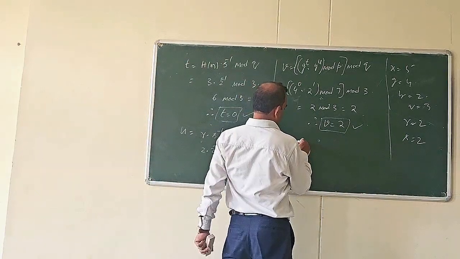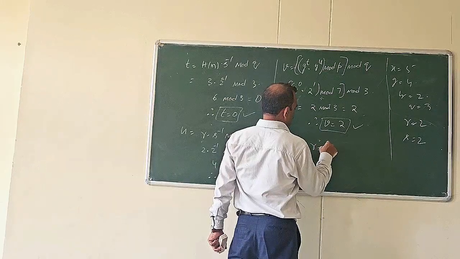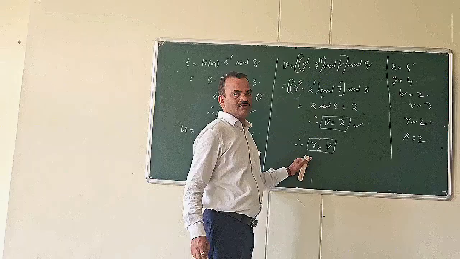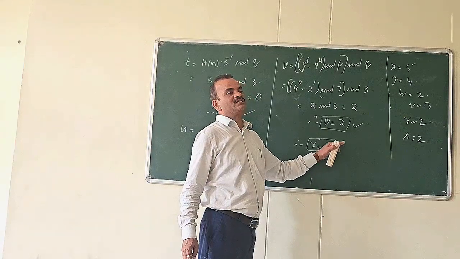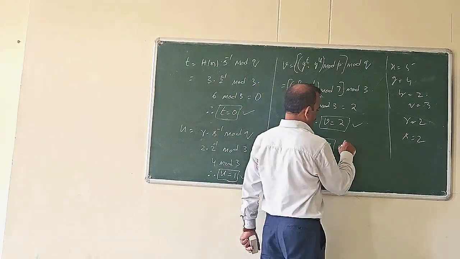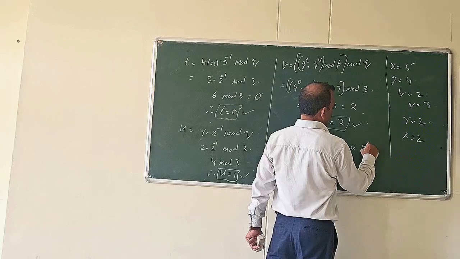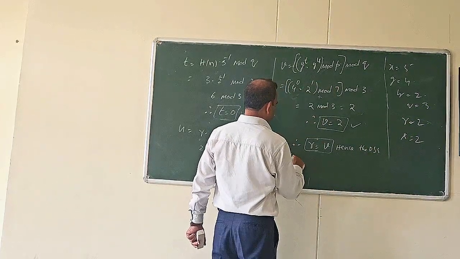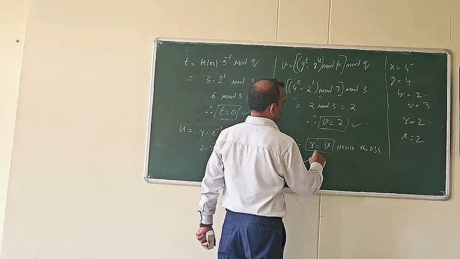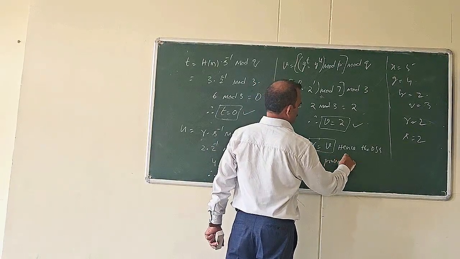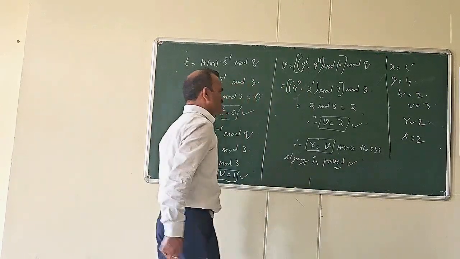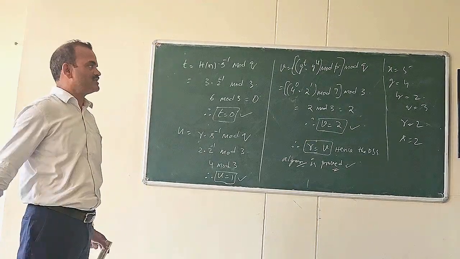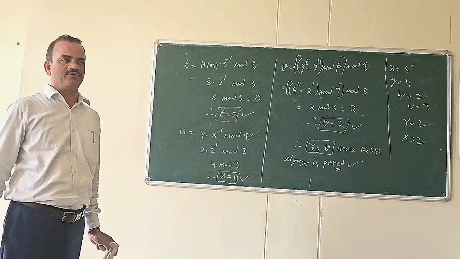So therefore r equals v. Hence the DSS algorithm is proved. So this is the digital signature standard algorithm, another algorithm of the public key. Thank you.